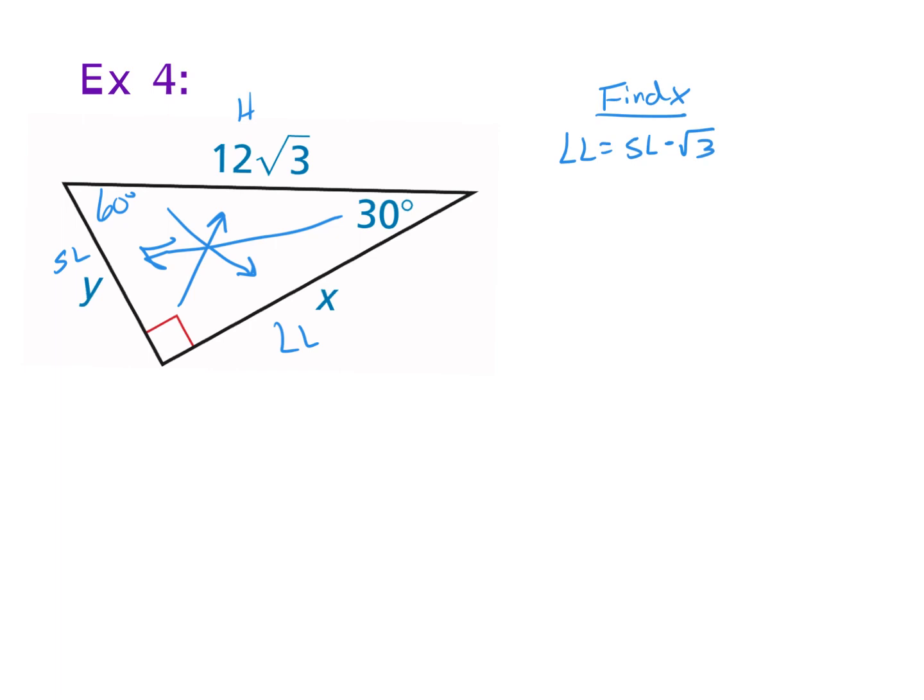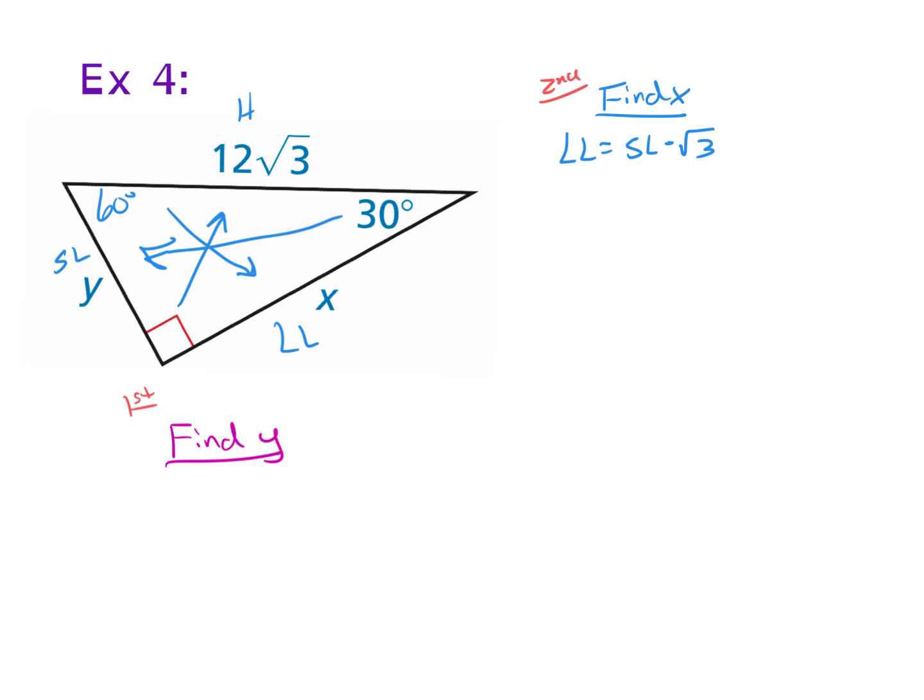Well, we automatically see a problem. We need to plug in long leg and short leg, and the long leg's x, the short leg's y. So we're going to have to do this one second. Okay. And I'll come over here and find y. We'll have to do this one first.